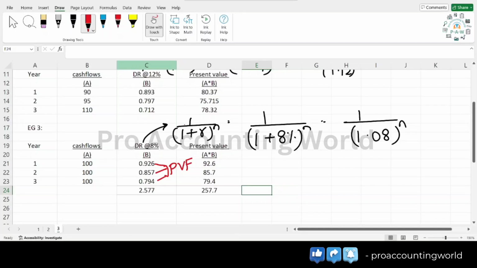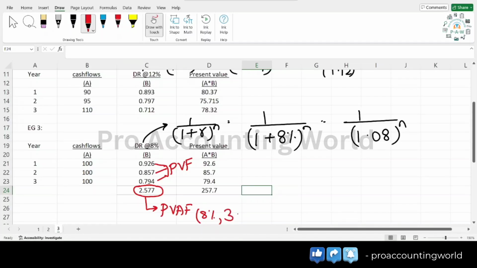And when you add the discount rates for the 3 years, it is 2.577. So what is this 2.577? This is your present value annuity factor. At what rate? 8%. And for how many years have you added these discount rates?